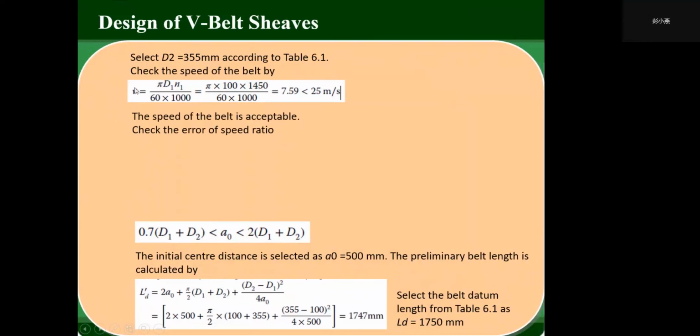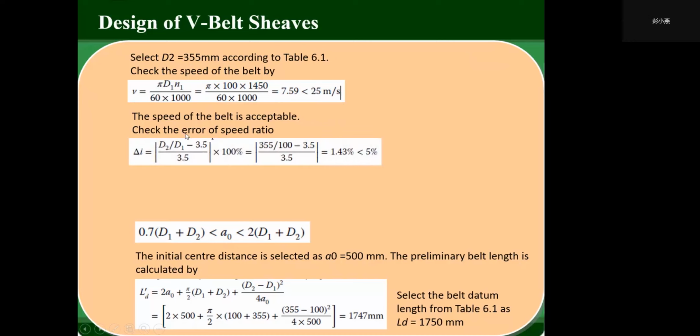The speed V is pi times diameter times speed, divided by 60 times 1000, and then this speed should be within the range from 5 to 25 meters per second. So check this speed of the belt is acceptable, which means the selection of D is acceptable.